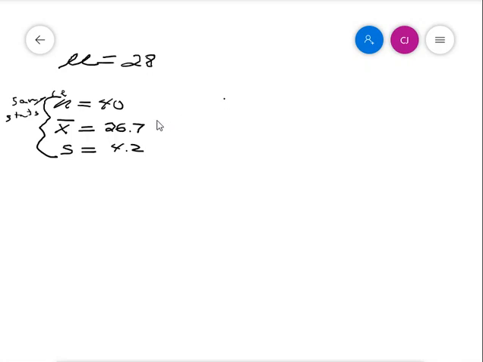Just remember, the idea is simple. We're comparing this 26.7 to this 28, and asking: is 26.7 close enough to 28 to agree with this statistical hypothesis?